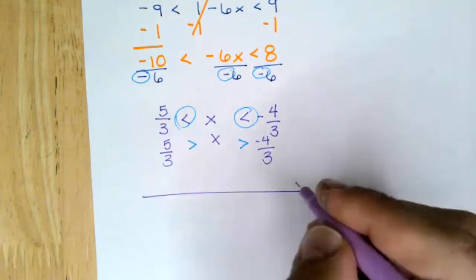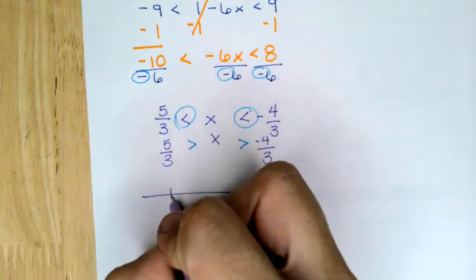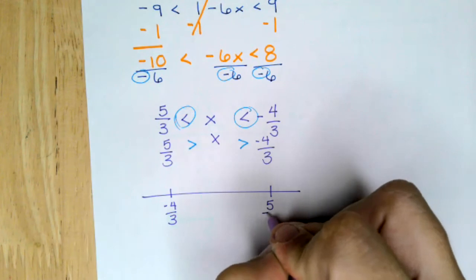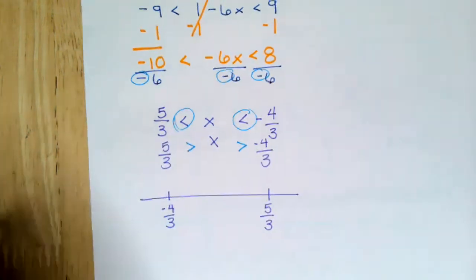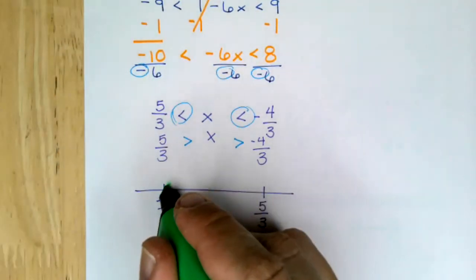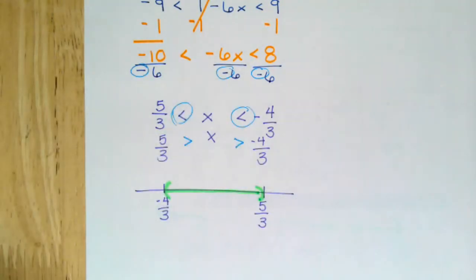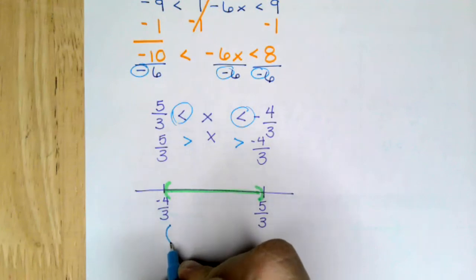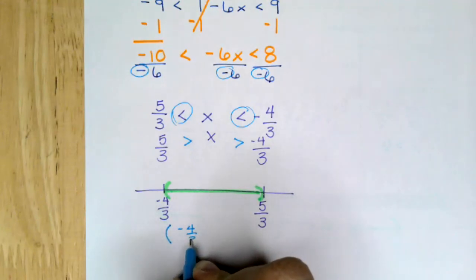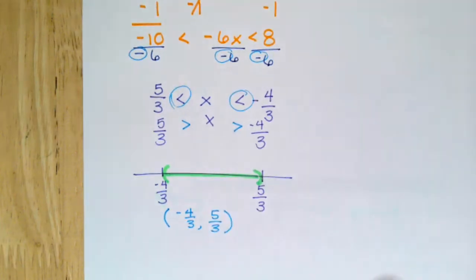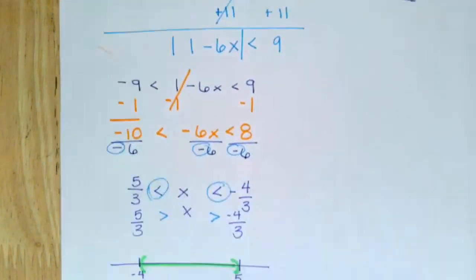The graph would be, and remember this graph is flipped, so I need to put the -4/3 over here, and I would put the 5/3 over here. And then I would say it's everything between those two. So this would be parenthesis -4/3, and this would be 5/3. Okay, so that's number 11.